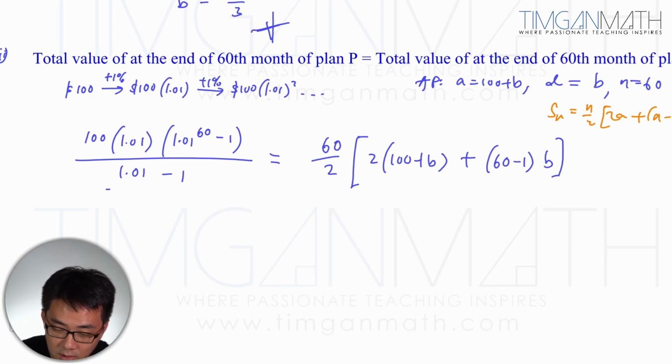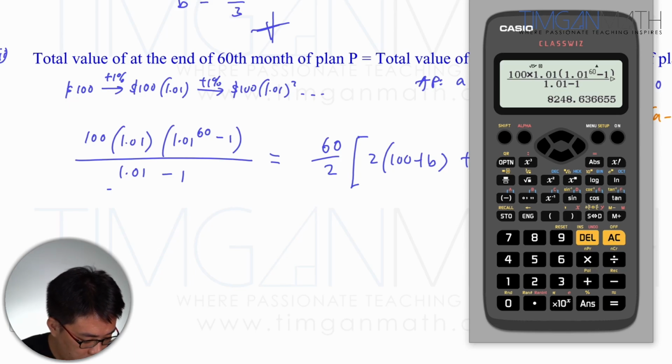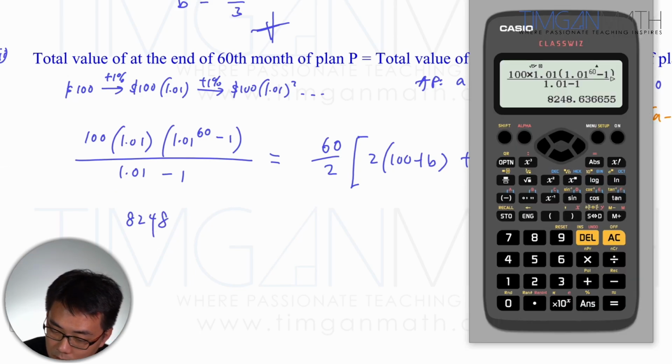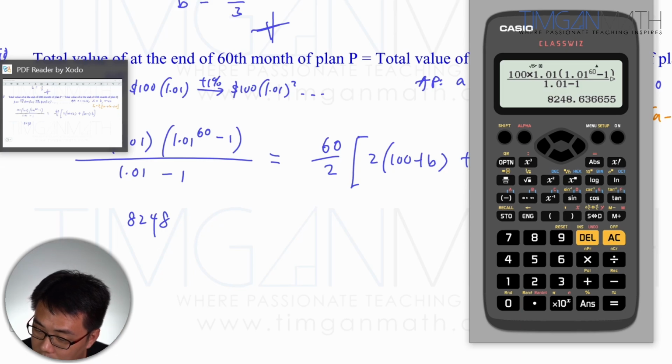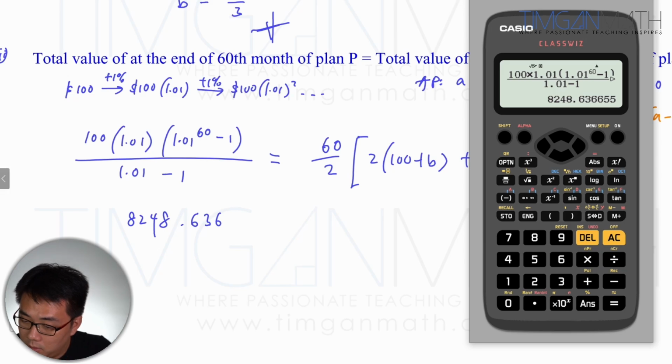Key in the calculator for this one, I think what you get is actually 100 times 1.01 times 1.01 to the power of 60 minus 1 over 1.01 minus 1, and that will be 8248.636. Okay, great.